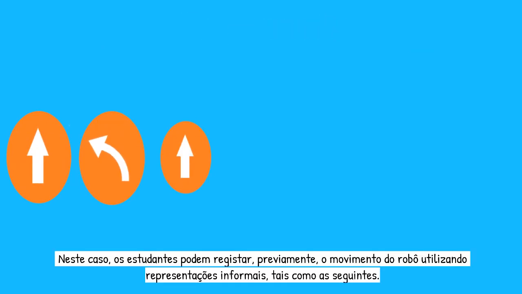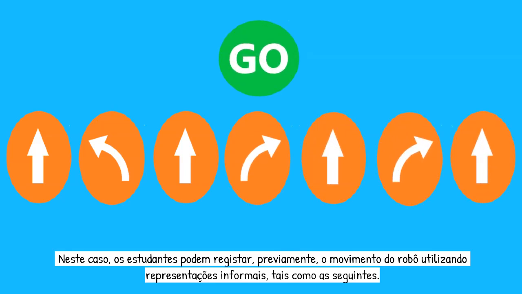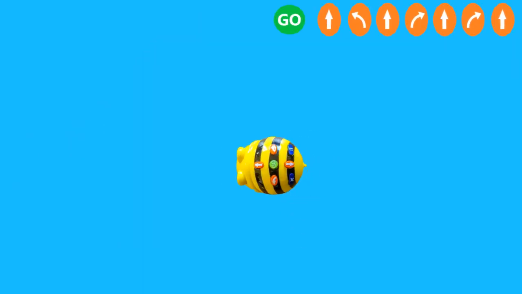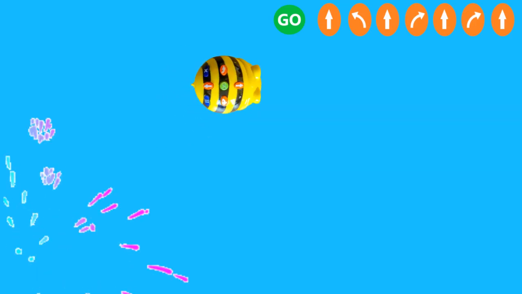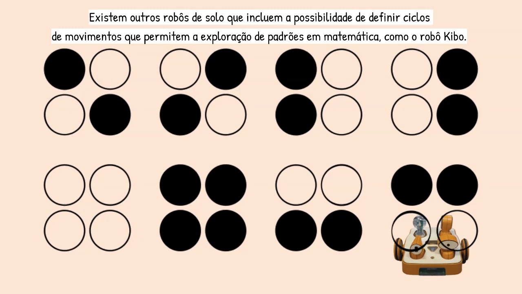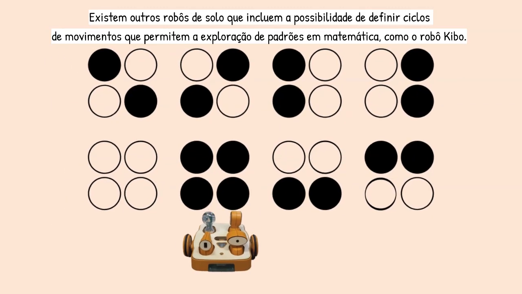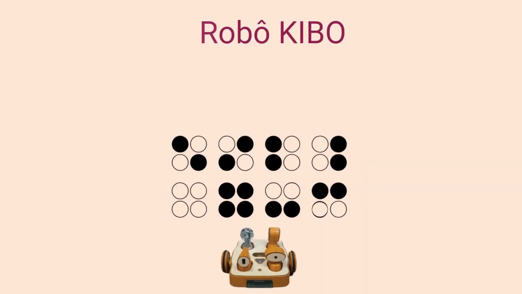In this case, the students previously record the movement of the robot by using informal representations such as the following. There are other ground robots that include the possibility to define cycles of movements, enabling the exploration of patterns in mathematics, such as the Kibo robot.